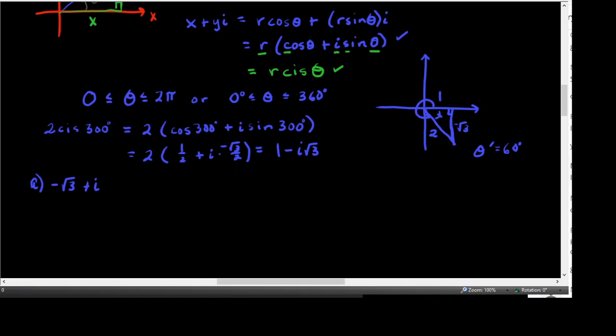Okay, so what that means is, in their way of writing things, the x is the real part, what I called a earlier, and y is what I called b, the coefficient of i, which in this problem is an understood 1. So first thing I would do is sketch that in the complex plane.